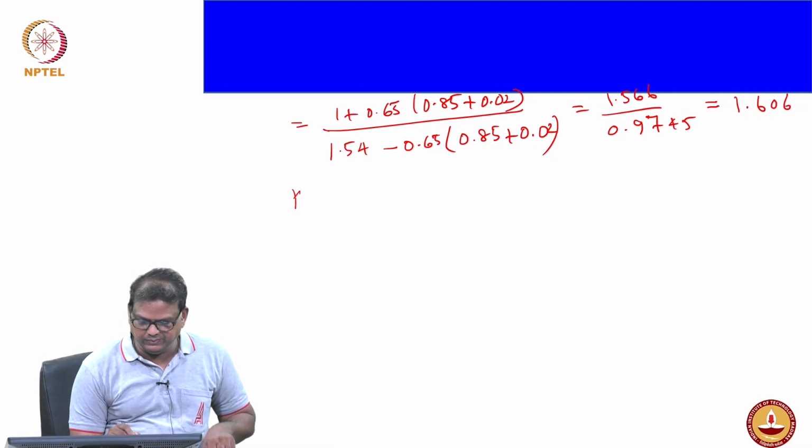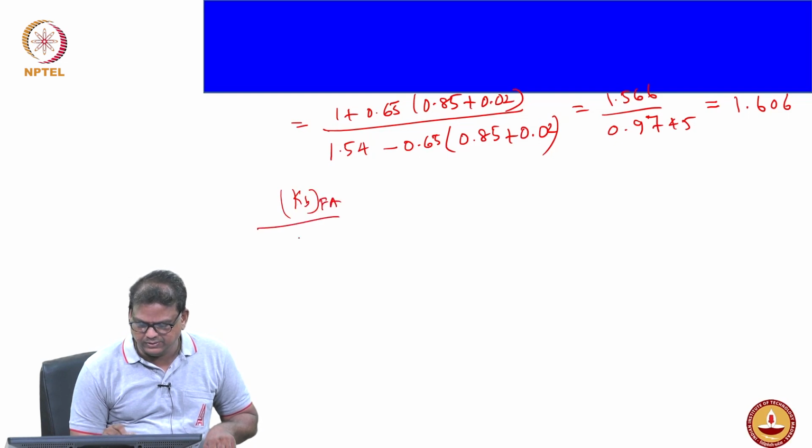This is nothing but the ratio of your KB front axle and KB rear axle.